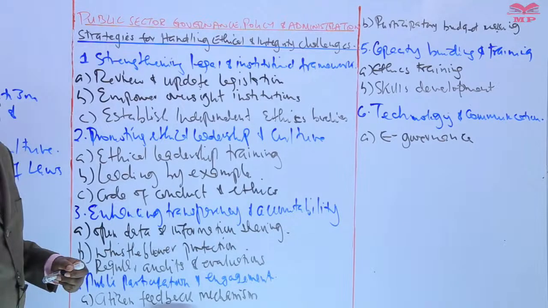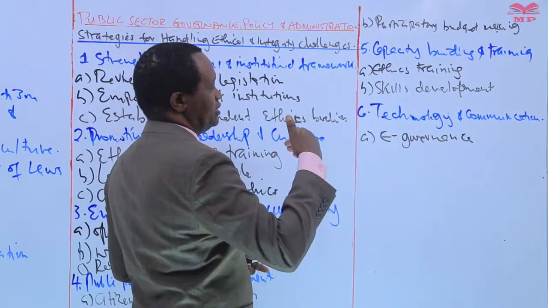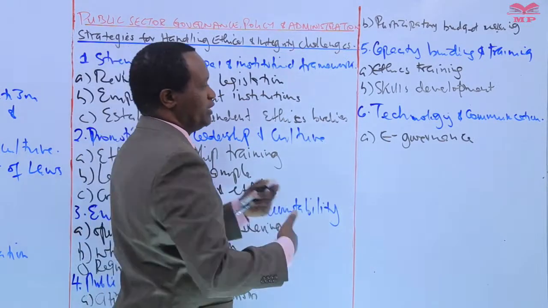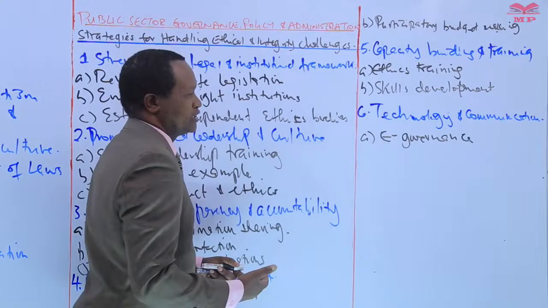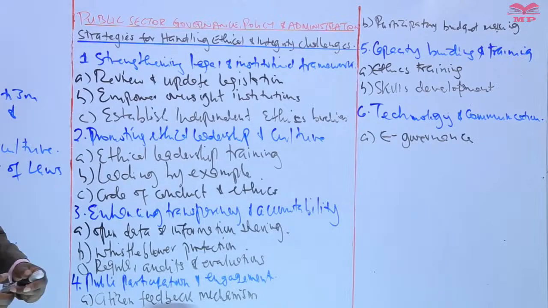Like when applying for licenses, you just apply on e-citizen. When making payment, you make payment electronically. That can help to tackle ethical and integrity challenges.